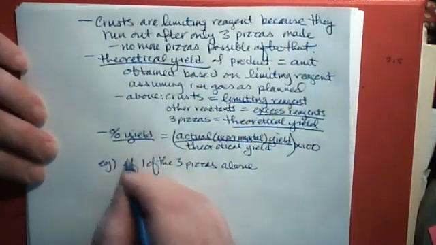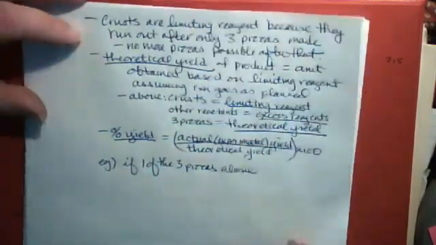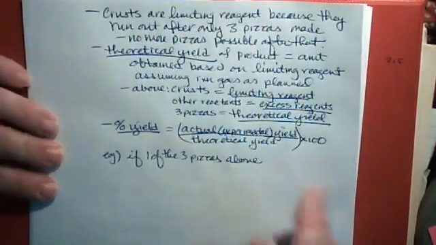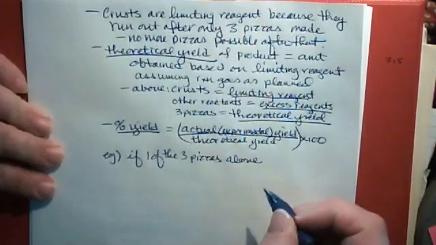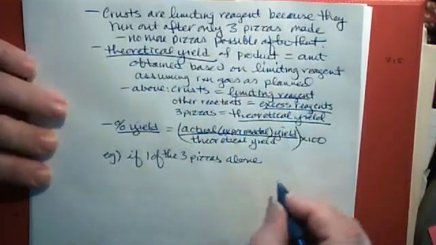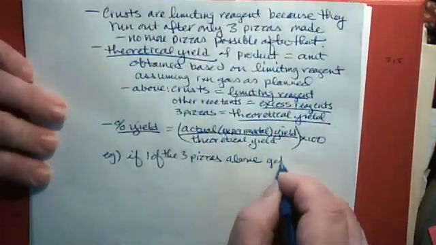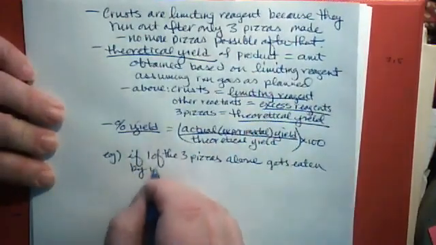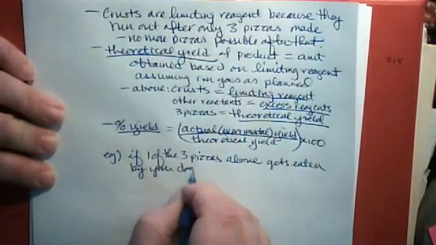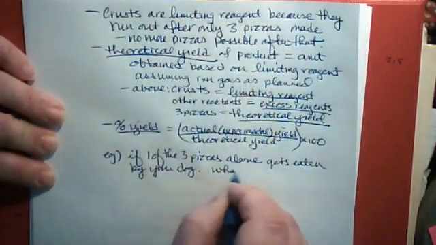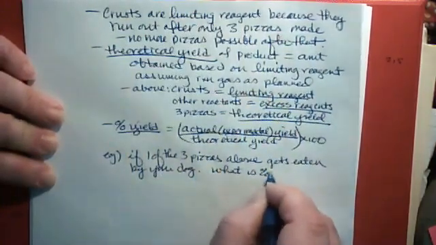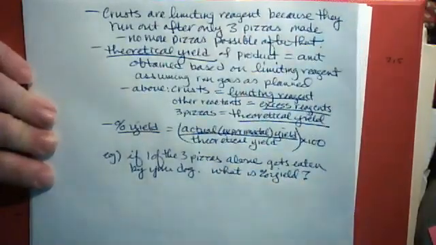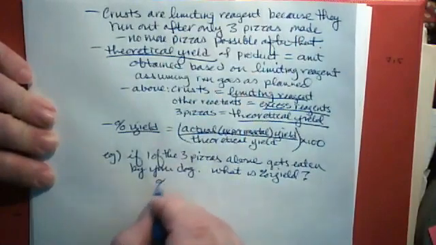So just hypothetically, suppose you're making the 3 pizzas, but while your back is turned, your dog eats one of them, and so it doesn't get counted. What would your percent yield be in that case? So what is the percent yield of the pizzas that you actually end up with?